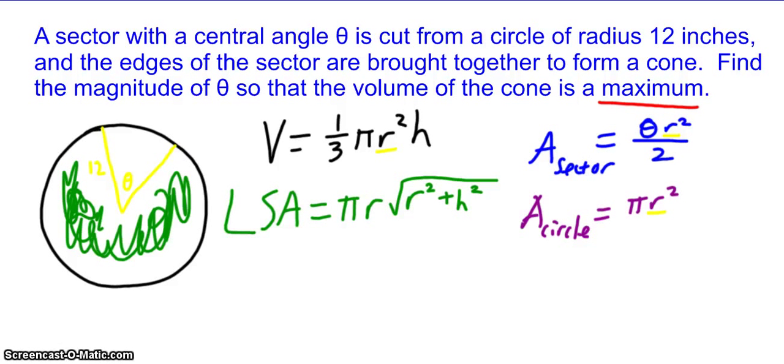So with this information, I want you to try to find the magnitude of theta so that the volume of the cone is a maximum. So you know that you're taking the derivative of the volume equation. Also, we want to get everything in terms of one variable.